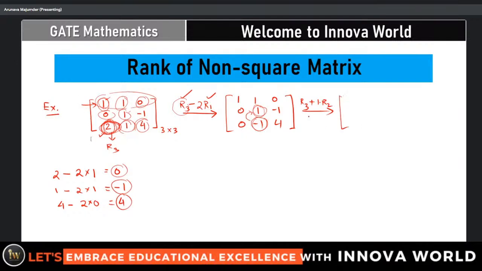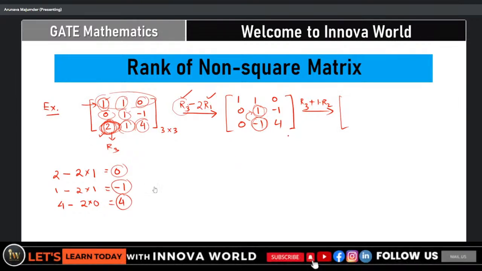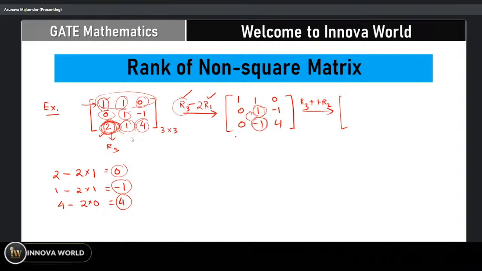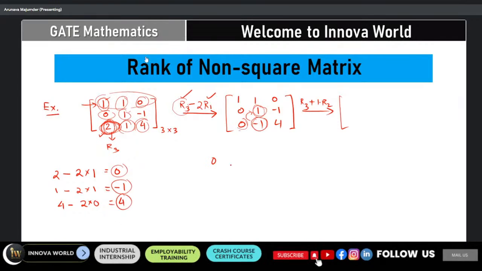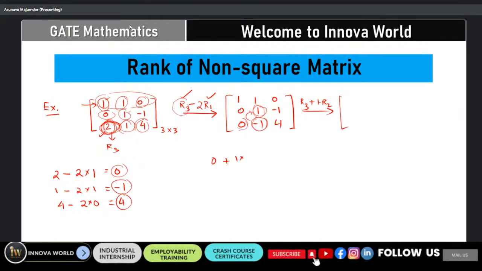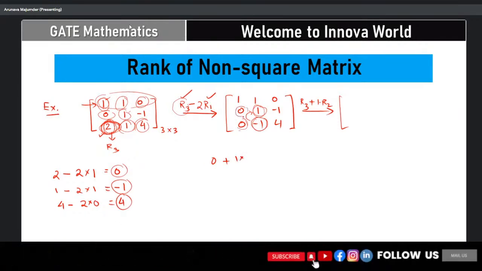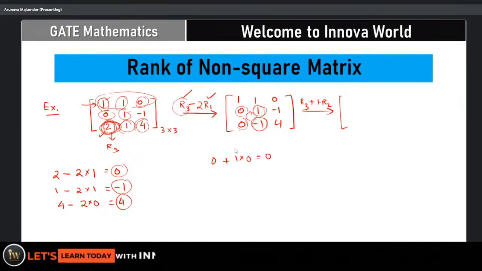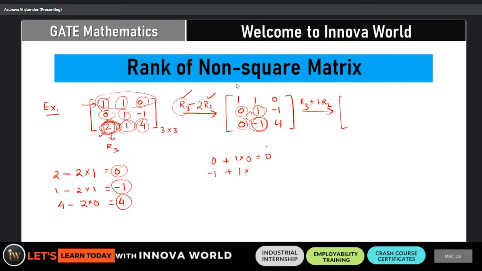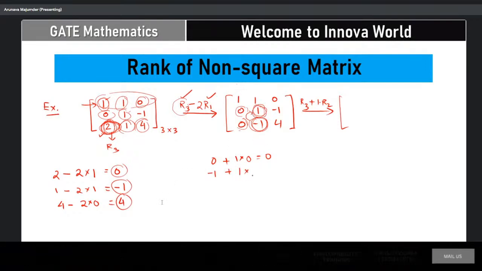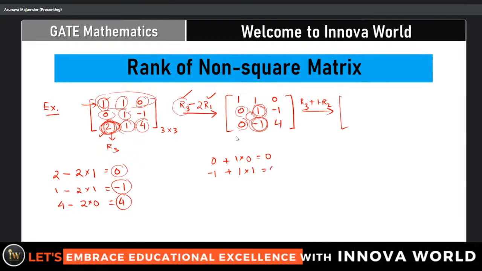So how is it possible? Now we will operate it. Row 3, R3 plus 1 into R2. What is the first element of row 3? 0 plus 1 into the first element of row 2, which is also 0. So it becomes 0. Now the second element of row 3: minus 1 plus 1 into the second element of row 2, which is 1. So this is 0 again.